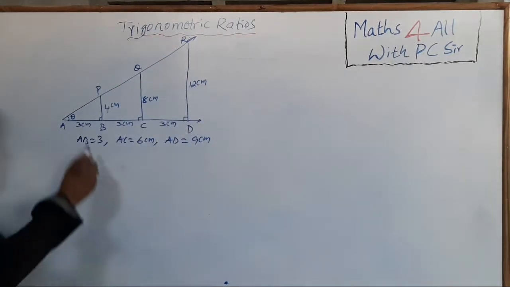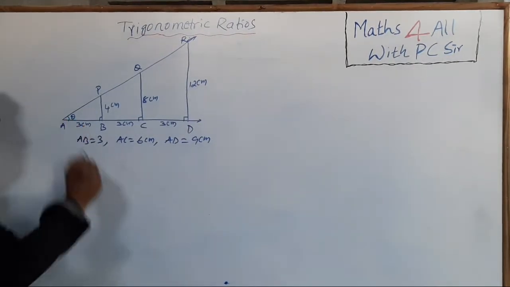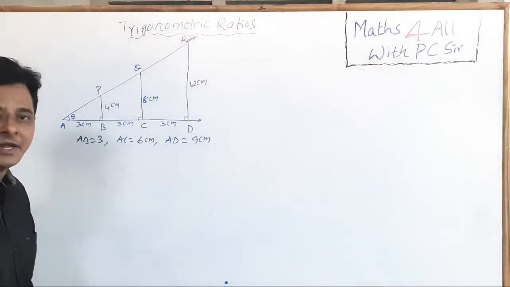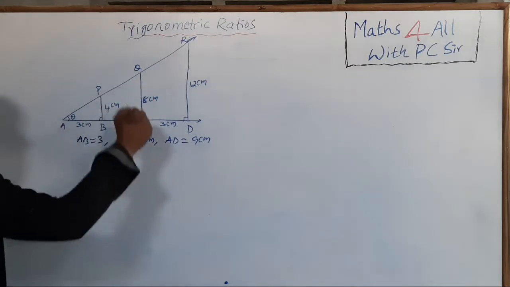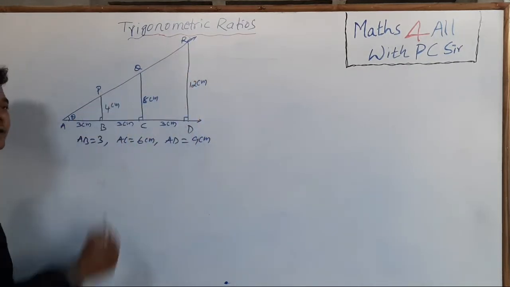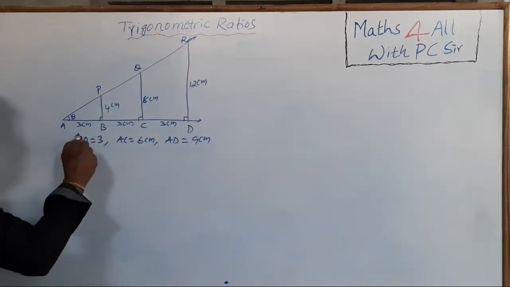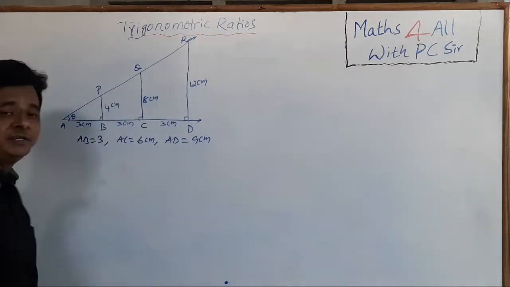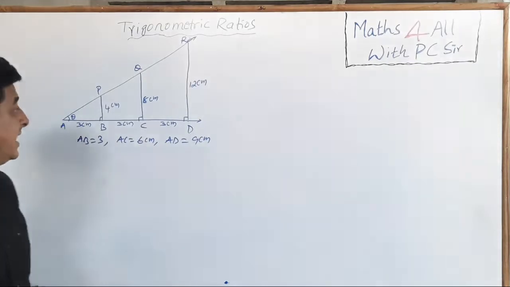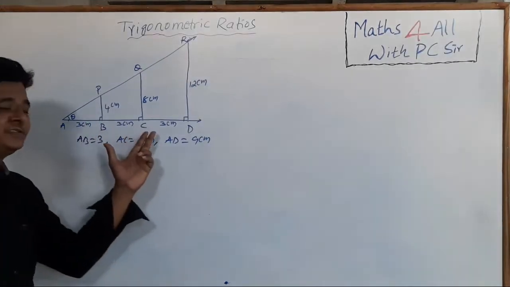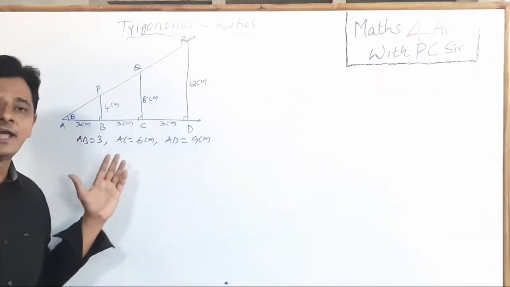Now here I am taking an acute angle, let it be theta, and the triangles APB, AQC, and ARD. You see here, angle A is common for all the triangles. Angle B, angle C, and angle D are the right angles.